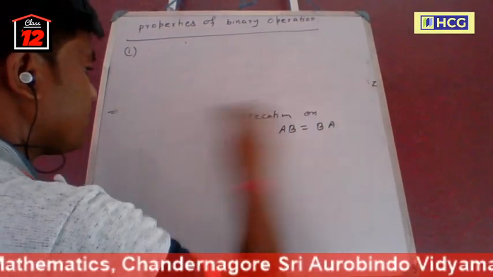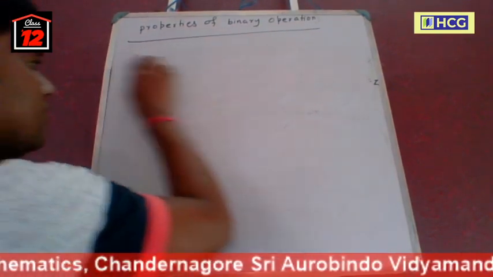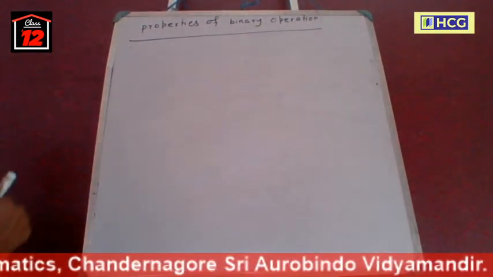Next property, property number 2, the associative property.